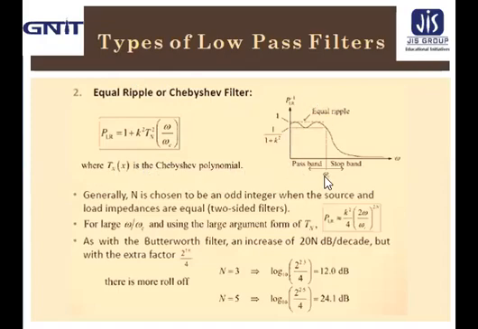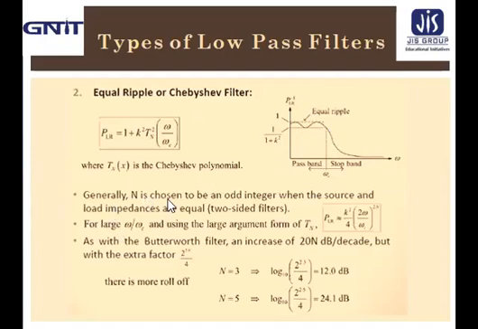The graph is shown for this type of filter, with the pass band and stop band, and at that point the value is 1 plus k squared. On the y-axis is the PLR and on the x-axis is omega, and that portion is the equal ripple response of the Chebyshev filter.